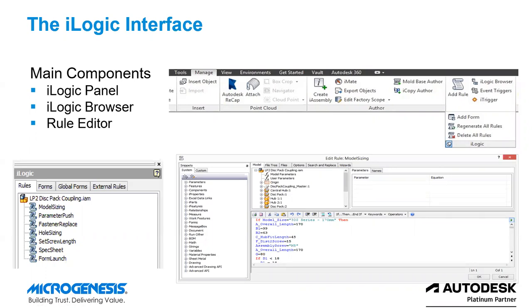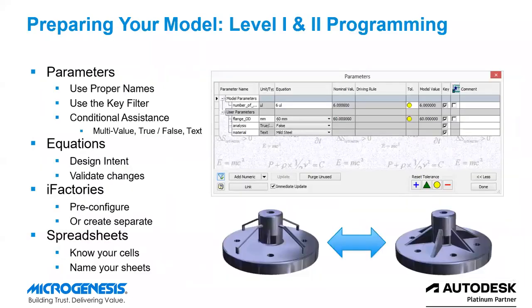If B1 is equal to 99, B2 is equal to 63, like that. So simple logic. With this logic, you can build your component smarter. So you can quickly see here how we implement one component using parameters, equations, iFeatures, spreadsheets, and iLogic. So parameter is a base for anything.